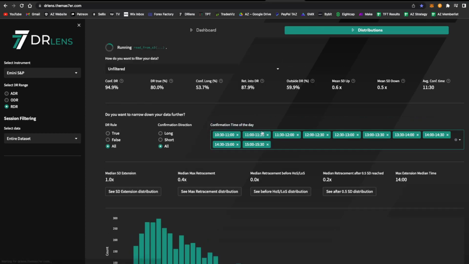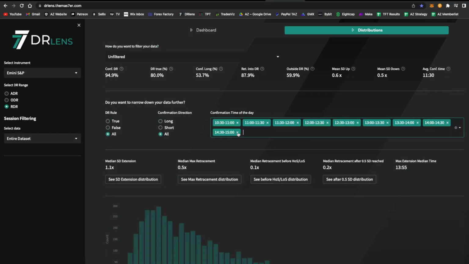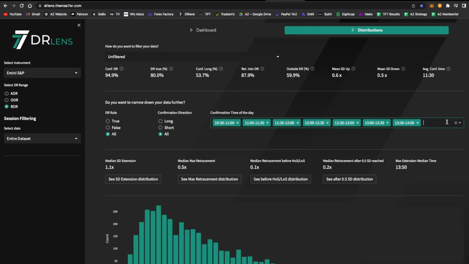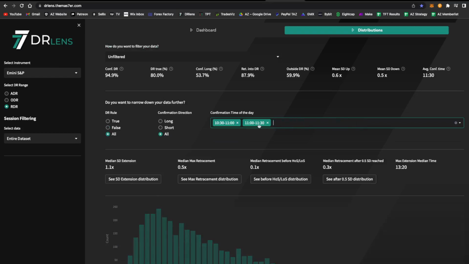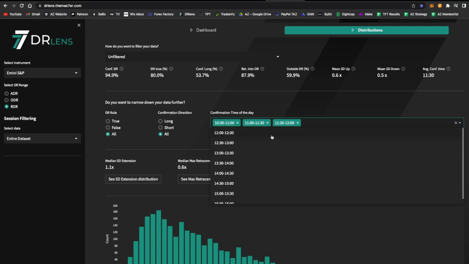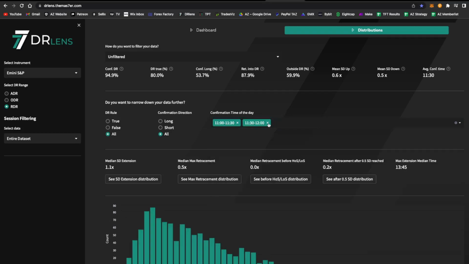So we get rid of those confirmations later during the day and see what the distributions are going to look like. 12:30, 12, 11:30. Let's leave those two on here. So somewhere around this range we should see a confirmation today, between 11 and 12.